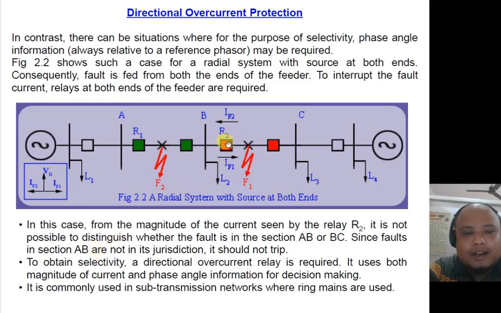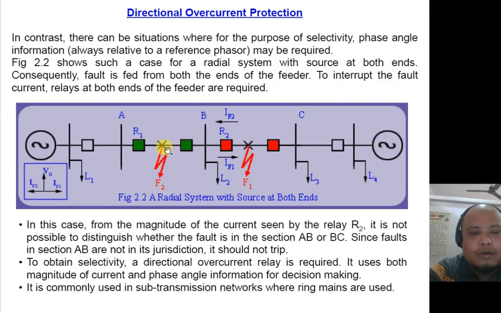So to obtain selectivity for this relay, a directional overcurrent relay is required in this case, if current is from both sides. It uses both current magnitude and phase angle information for decision making. Okay. So here, if the fault is at location F1, primarily this should act, correct? And if the fault is at location F2, this too should act.